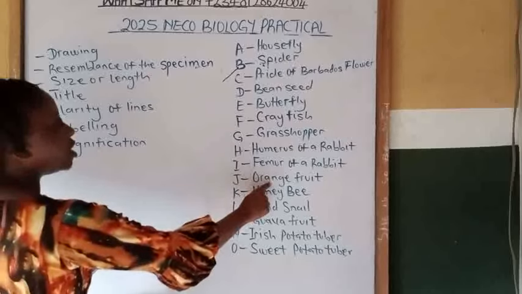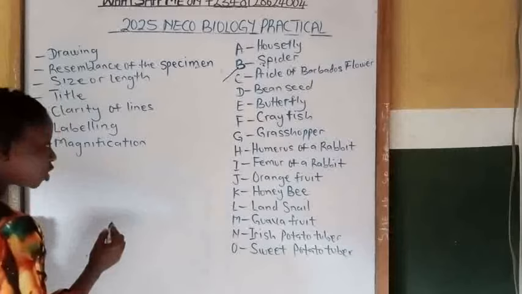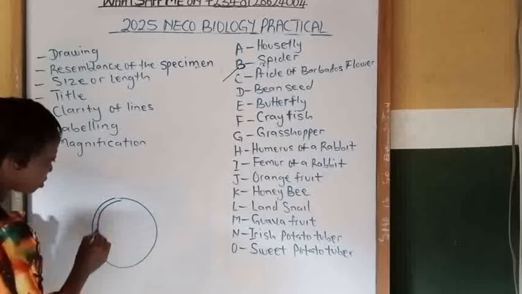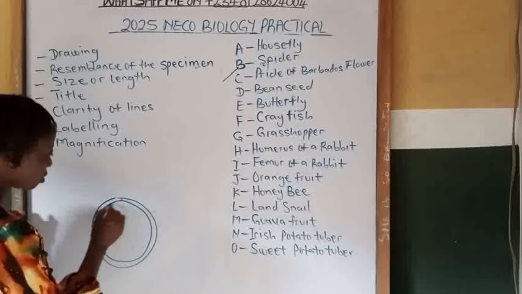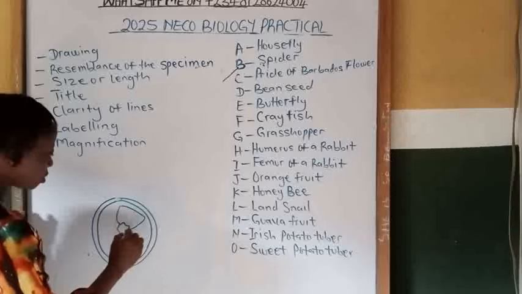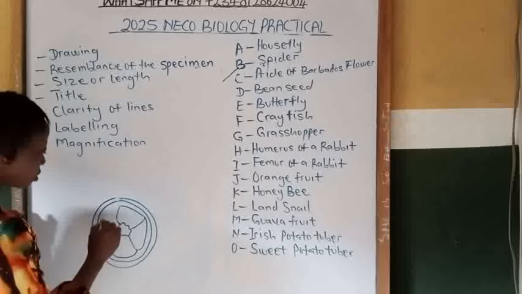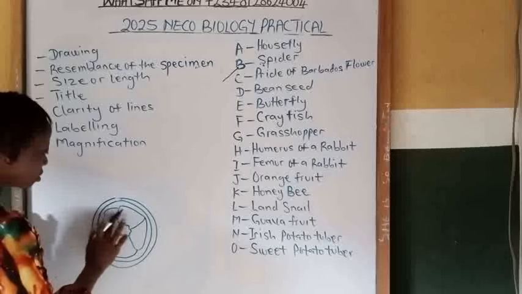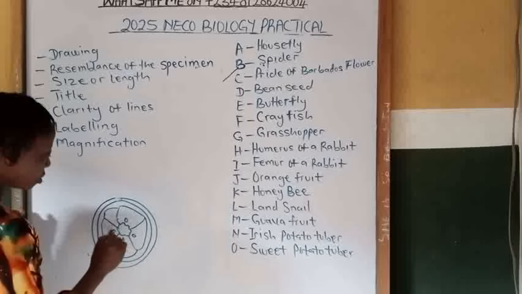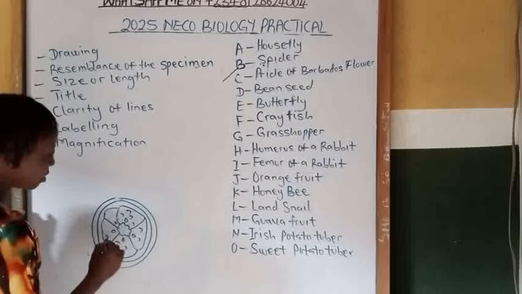I want to draw the transfer section of an orange fruit, which is our specimen J. So this is our specimen J.